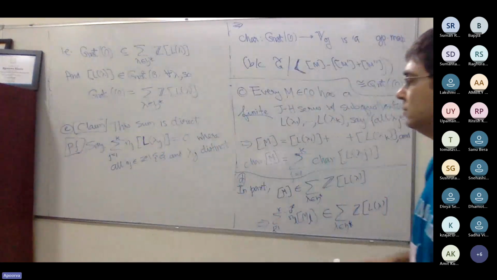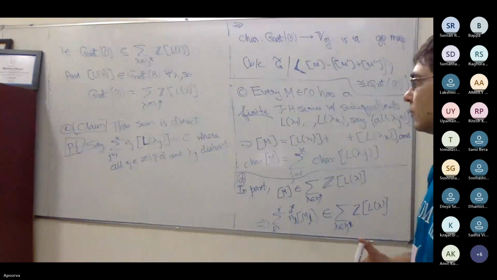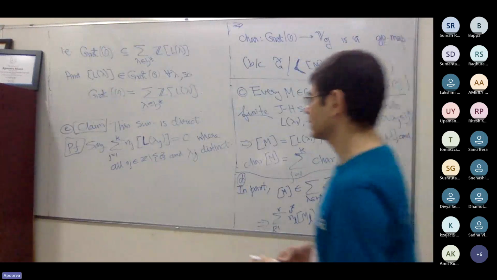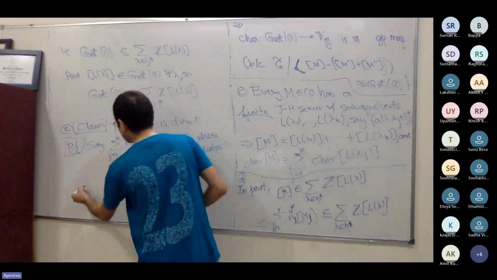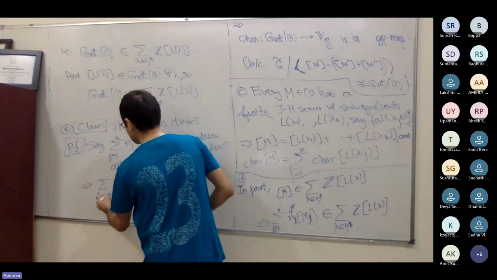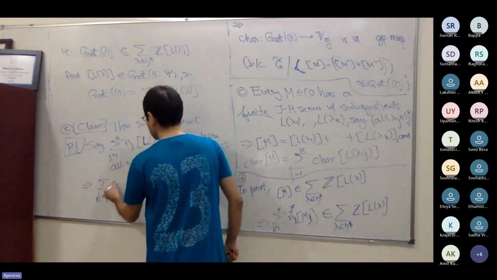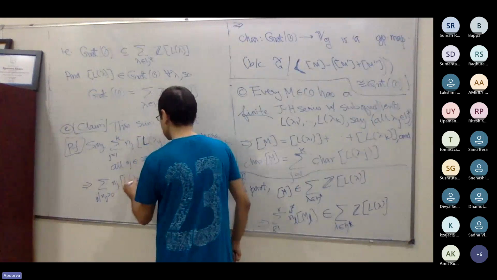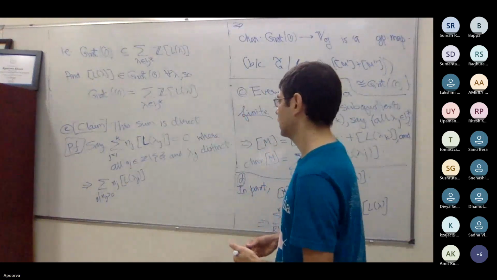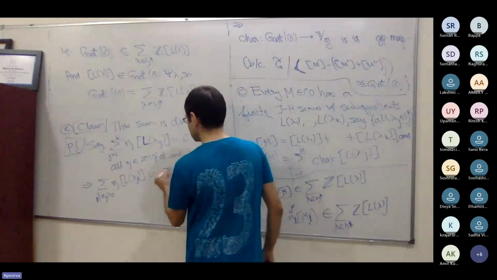Then what do we do? Basically, the idea should be that you take the terms where nj is positive, and you take nj L lambda j here, and on the other side you take the terms where nj is negative.